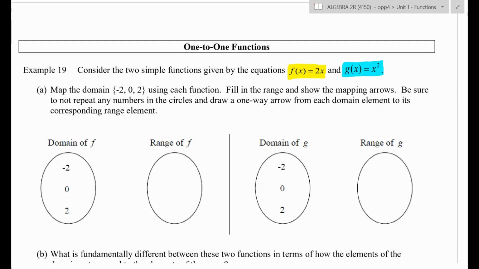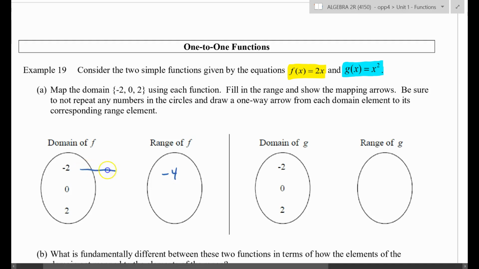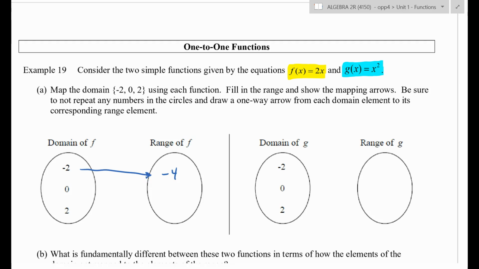So, Sean, if I take -2 and plug it into f, what do I get? Good. So I'm going to draw a mapping. That's one of these, right? Okay. Janine, how about if I plug in 0? 0, good.